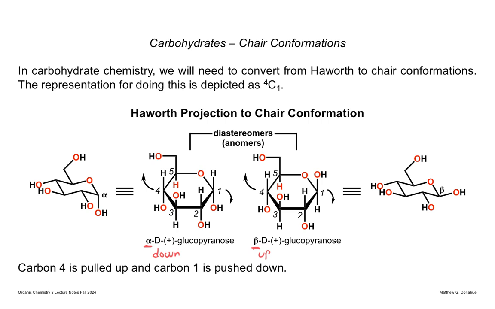And that's keeping in mind that at the anomeric carbon, for the beta, it will be equatorial. For the alpha, that OH group is axial. But every other substituent on there is equatorial.